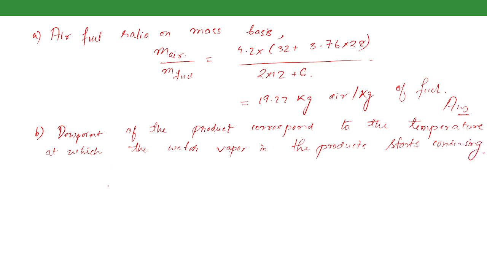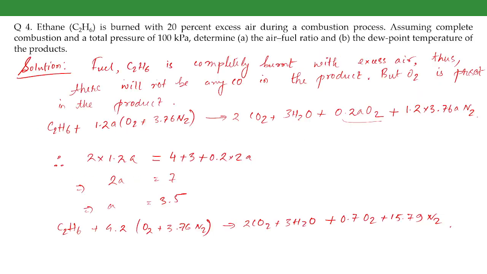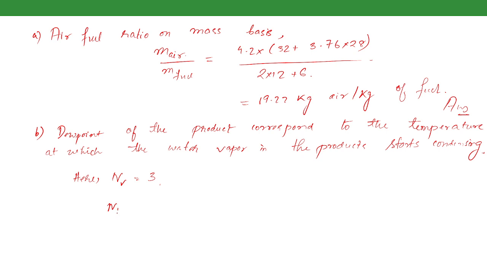Okay, so here the number of kilomoles of vapor is 3, and the number of moles of product is 2 plus 3 plus 0.7 plus 15.79. So this is basically 21.49 kilomole.